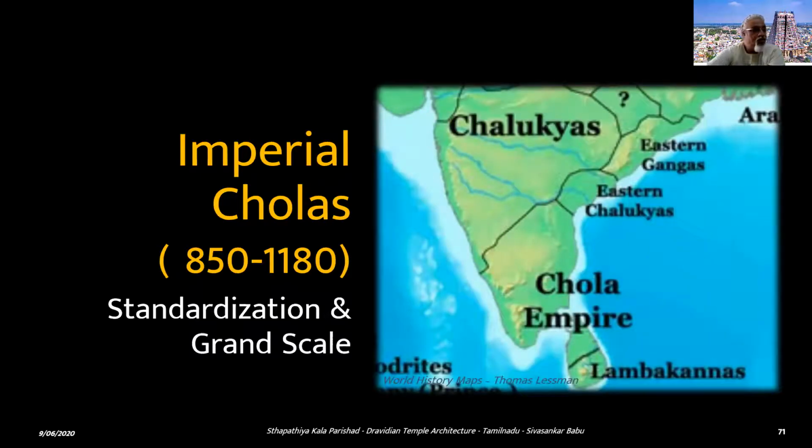During this time, the focus was on the entire Tamilnadu, with parts of Kerala and parts of Andhra also under them. So they had a lot of influence, and then Chalukya was an equal power at that point of time.